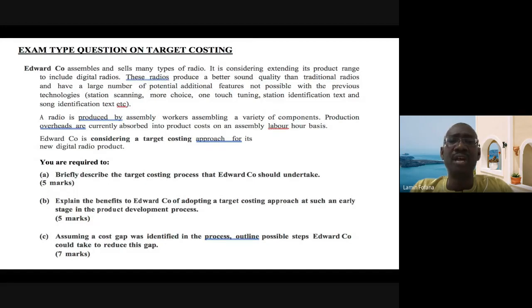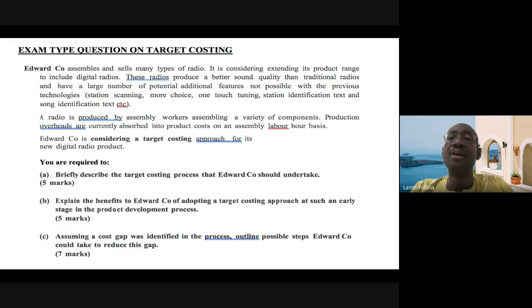And now it's trying to consider going into digital radios, isn't it? So you have to know the case. You have to know the business. Just like when you went out to do your research, you learned about the business before you were able to do your research.